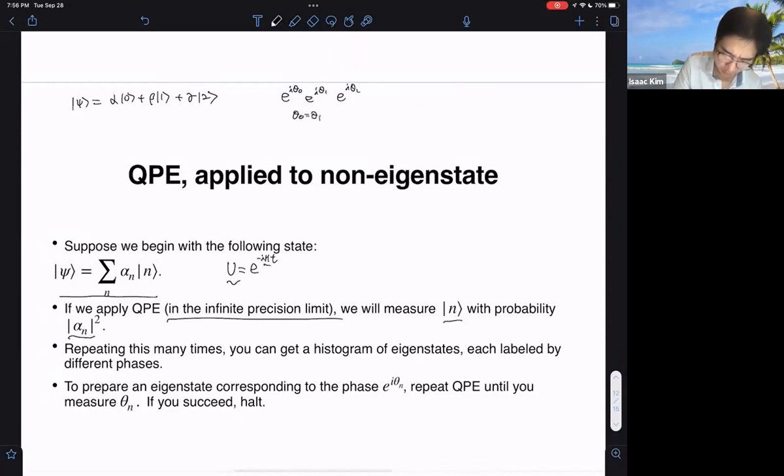I will assume that theta 1 is equal to theta 1, and theta 2 is not equal to theta 0. So in that case, as I said, this is still non-destructive.